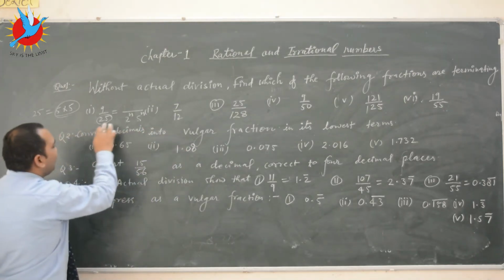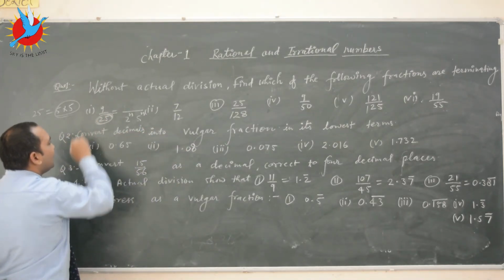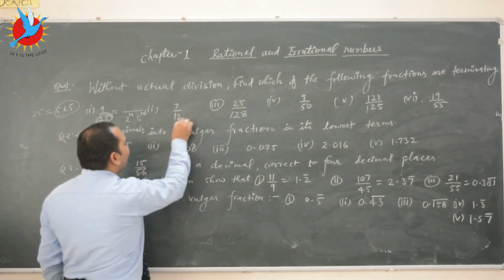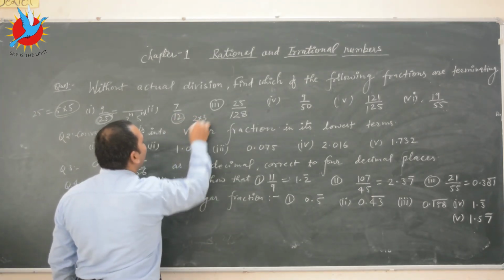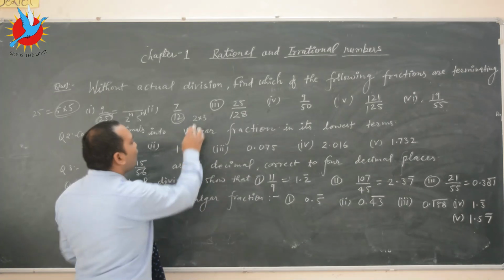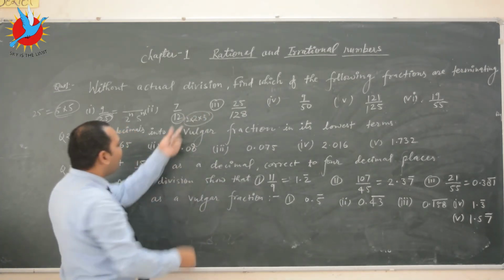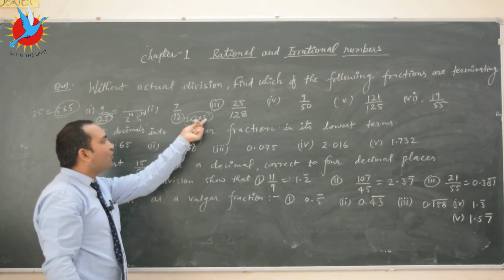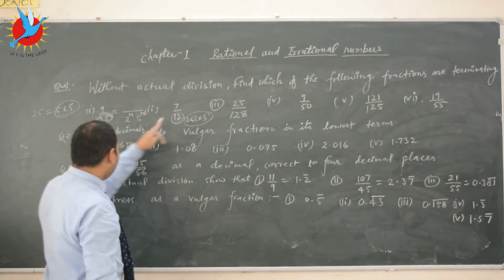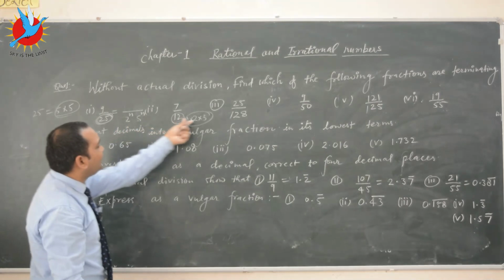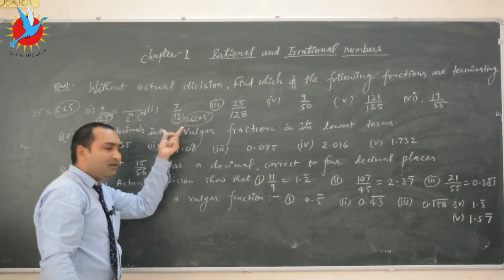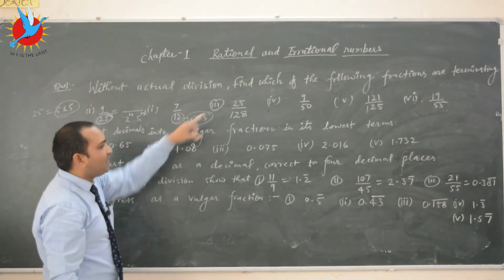So this is terminating because the factor of the denominator is 5, and here the factor of 12 is 2 into 3. So this is not 2 into 2 into 3. So the factor of the denominator is 2 into 2 into 3. So besides this 2 and 5 here is 3 also. So this is non-terminating but repeating decimal.